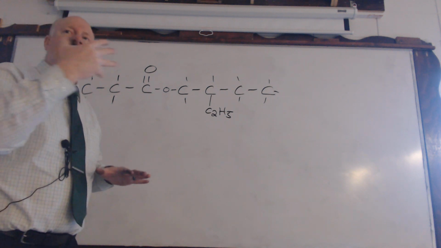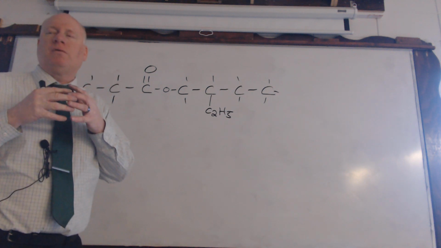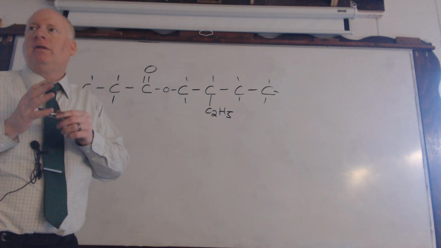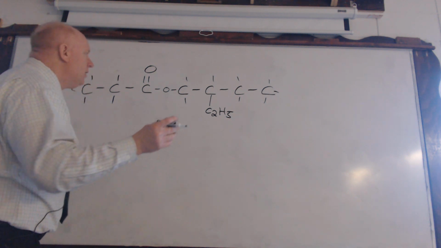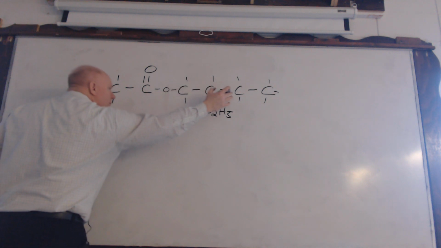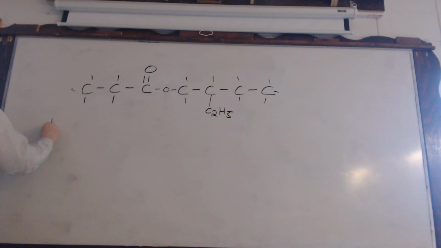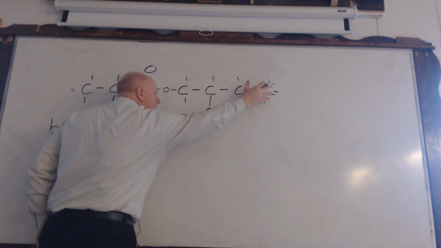But we don't name parent chains because this is a derived unit. So you have to start with the derivative. Okay, so then a 4-carbon derivative is butyl. So we've established this side.